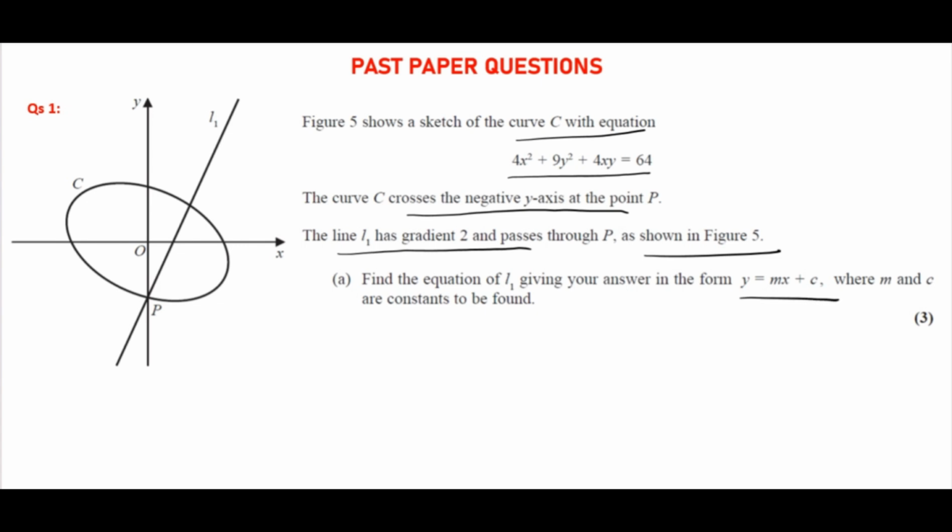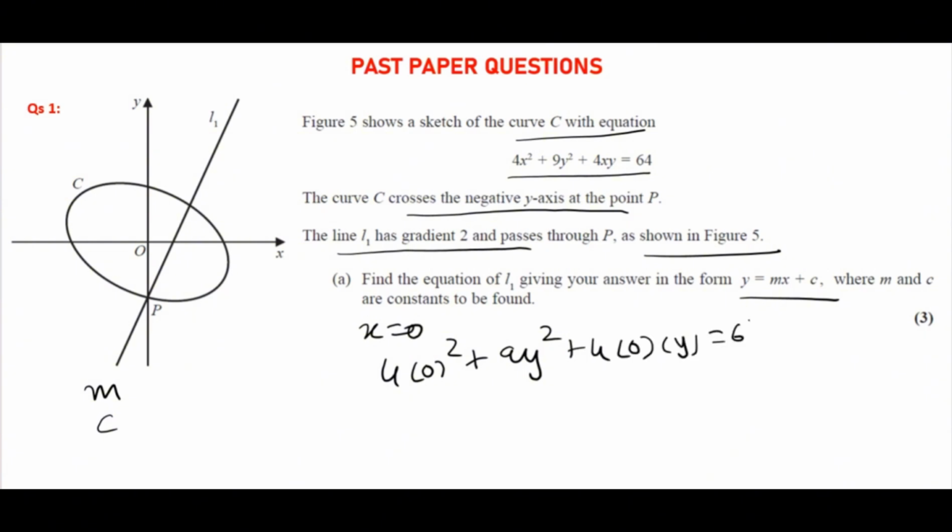So as we know, to find this equation, we need two values, m and c. C means the y-intercept. To find the y-intercept, we know this line crosses the y-axis at point P. Crosses y-axis means x is equal to 0. So first substitute x is equal to 0: 4 times 0 squared plus 9y squared plus 4 into 0 into y is equal to 64.